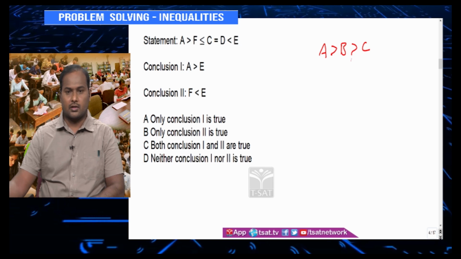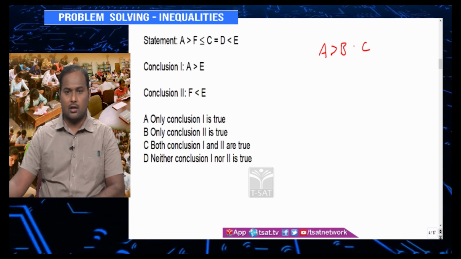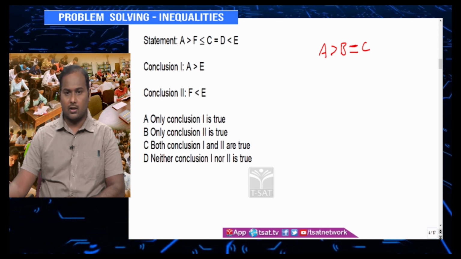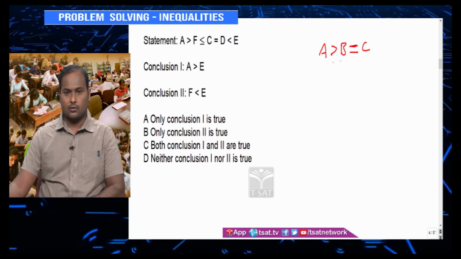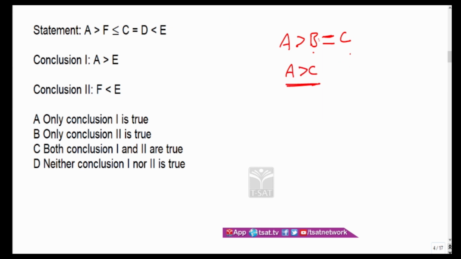If the statement is like this, A is greater than B and B is equal to C, what is the relation between A and C? Here also the conclusion that follows is A is greater than C, because when he said B is equal to C, directly I can write A is greater than C, because B and C both are the same.